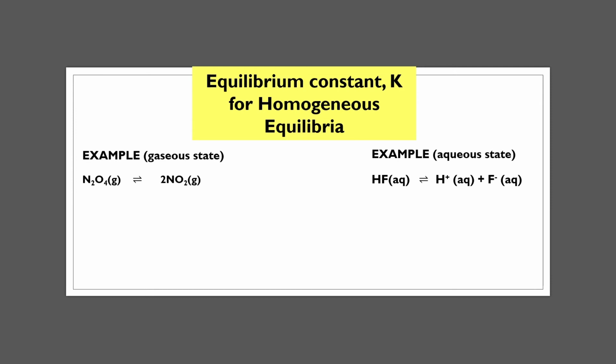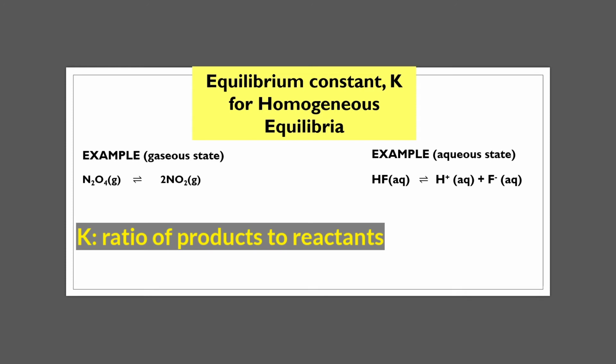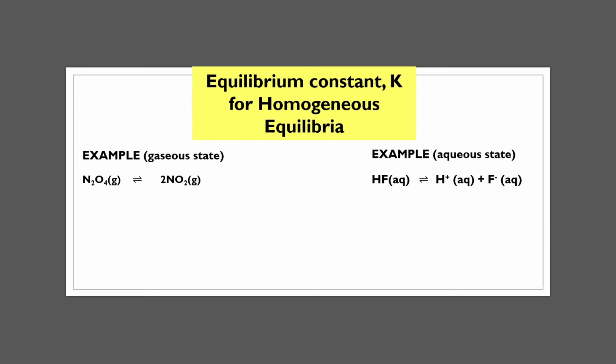Remember it is the ratio of the product to the reactant. Hence, the equilibrium constant in terms of concentration for this reaction would be the concentration of the product nitrogen dioxide raised to the power of 2, which is consistent with the coefficient in the balanced equation, over the concentration of the reactant dinitrogen tetroxide.